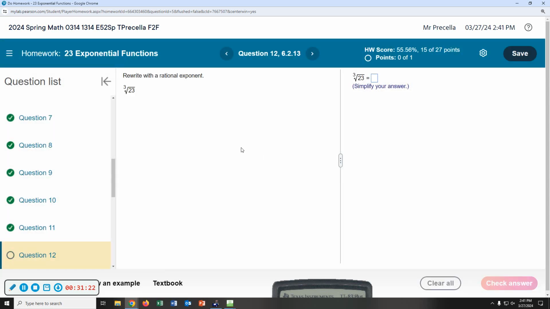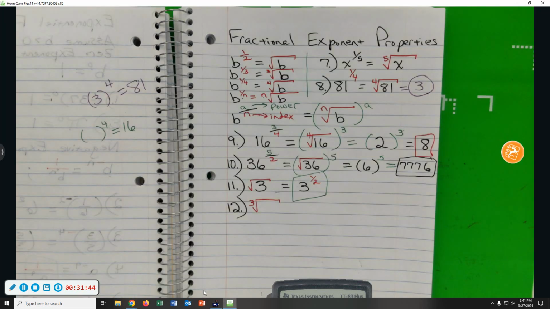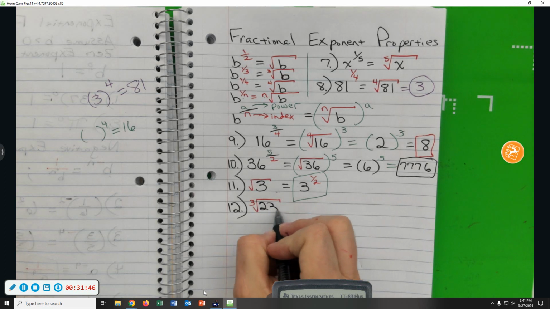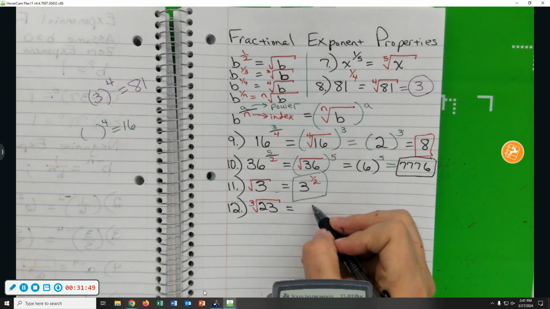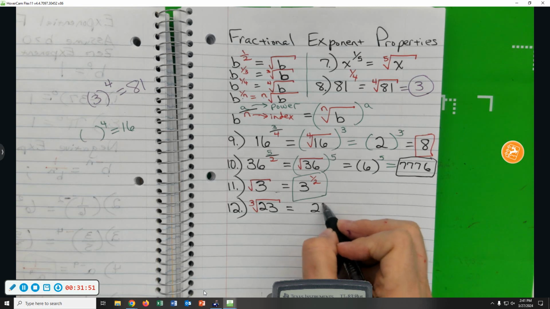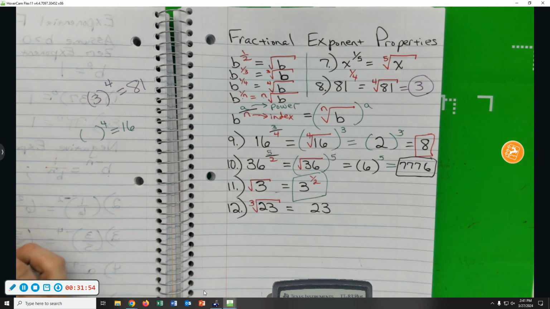Here's another one we're going to write using a rational exponent. We're not going to write it with a radical. This is number 12. We want the cube root of 23. That's the same thing as 23 to what exponent? 1/3, I agree.